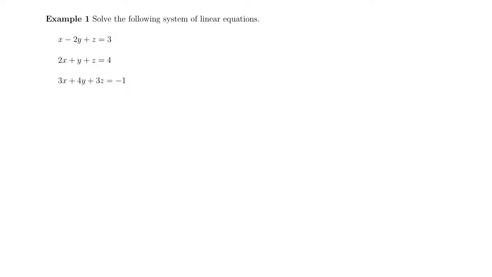So let's do that very first one where I'm going to multiply the first equation by -2 in an effort to add it to the second equation. Let's see what happens. I get -2x plus 4y minus 2z is equal to -6. I think that's all right. And I'm just going to copy down the second equation, not going to change it at all.